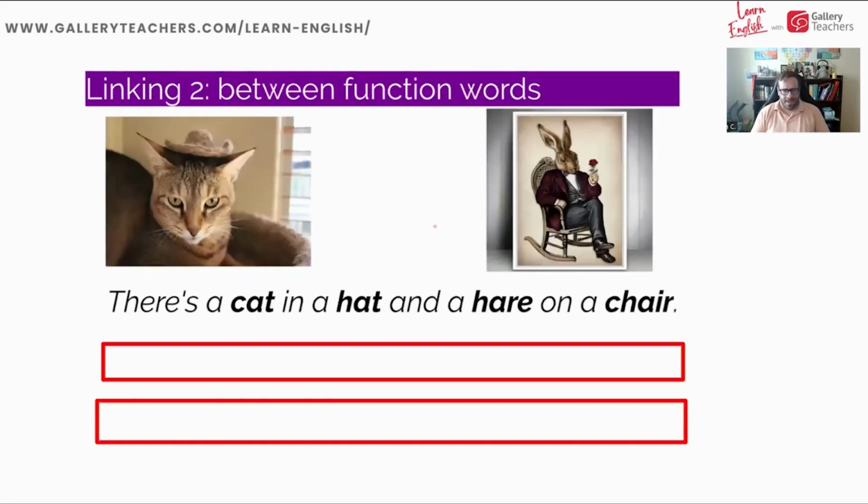Now, this is talking more about sentences and more about the difference between types of words in a sentence. So in a sentence, you can have content words and function words.